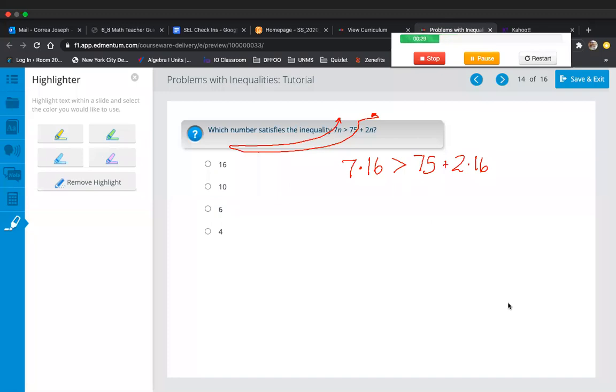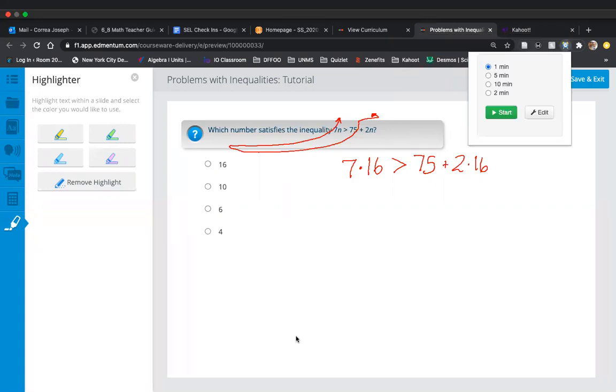Maybe try checking the math on that. Okay, we're out of time.